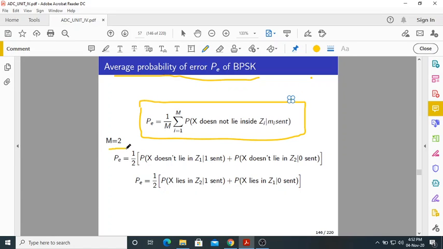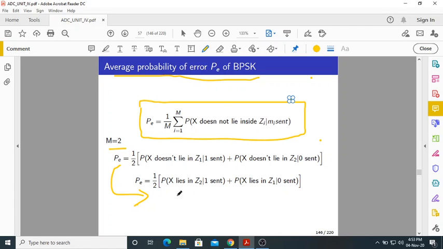But here M equal to 2, which means we have two regions, Z1, Z2. So it is 1 by 2, probability that x does not lie inside Z1 given 1 sent, plus probability that x does not lie inside Z2 given 0 sent. Now we are using a little trick here.